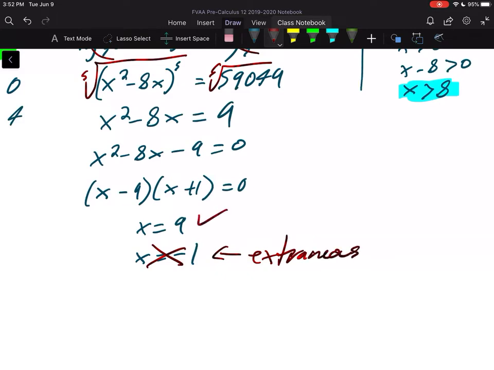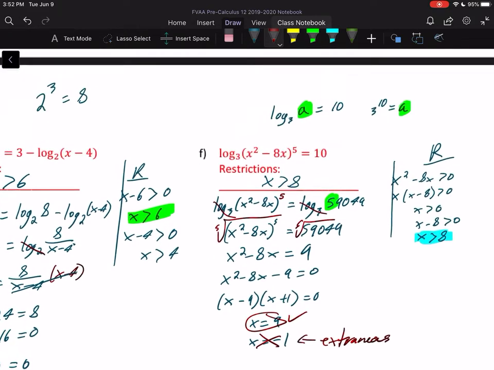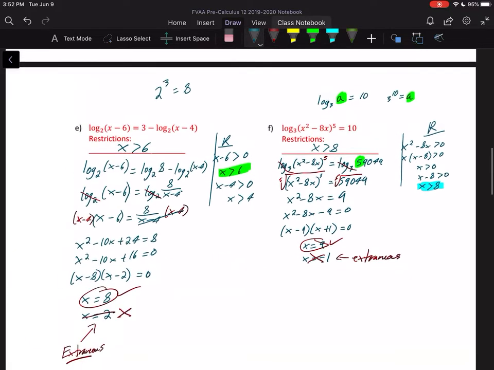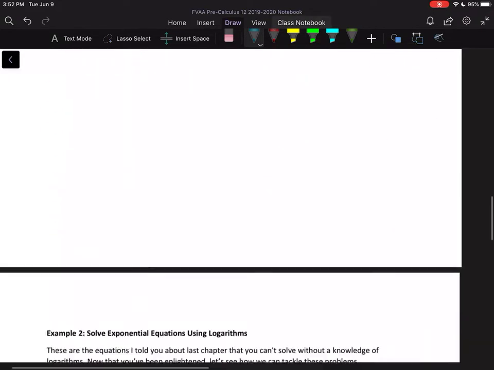Okay, and only 9 is the correct answer, because only 9 is greater than 8, negative 1 is definitely not greater than 8. All right, so rewatch those slowly if you need to, to see the steps that we go through to solve these kinds of problems.